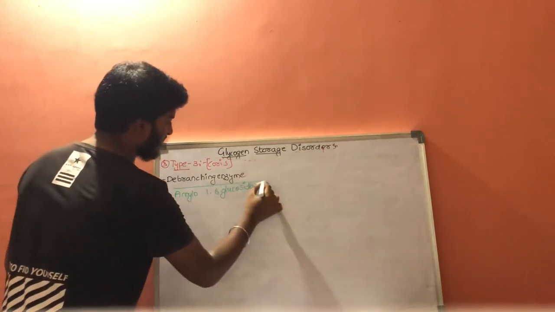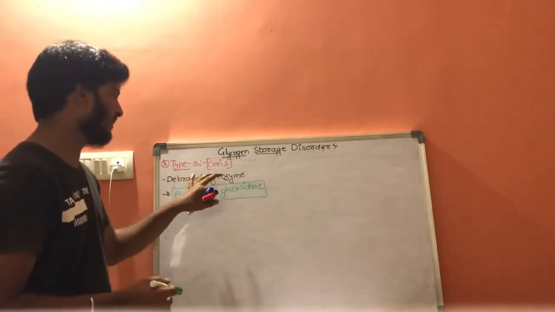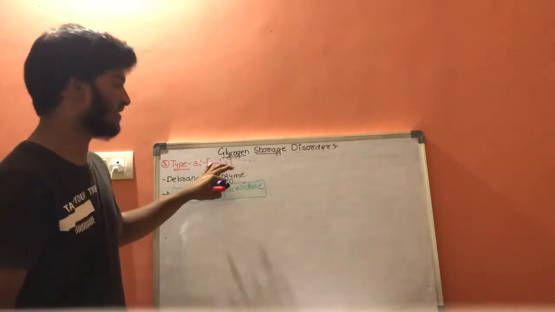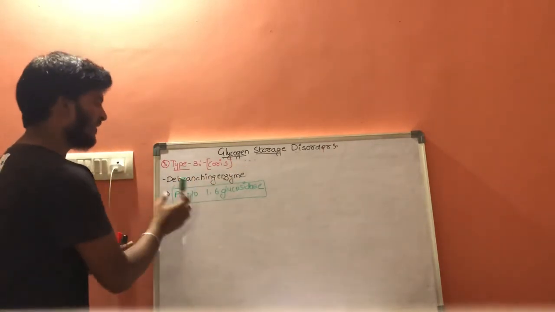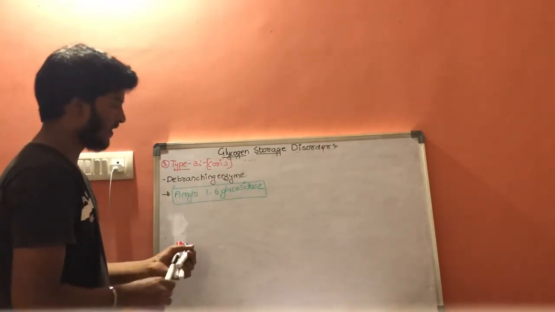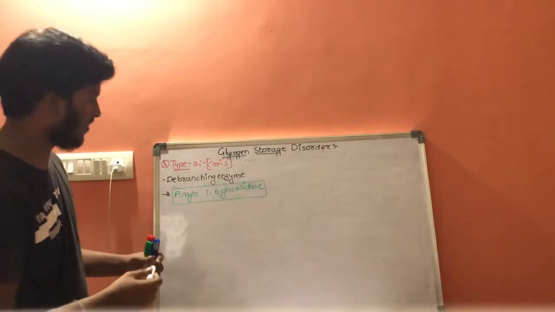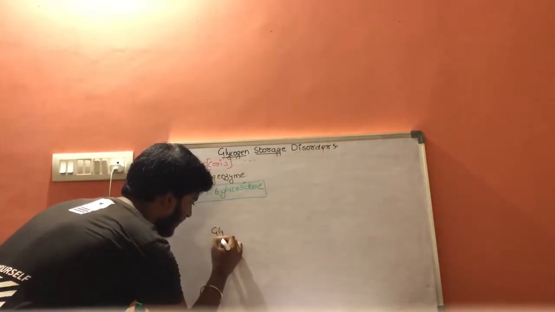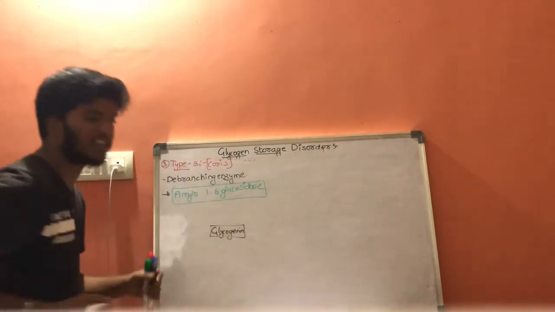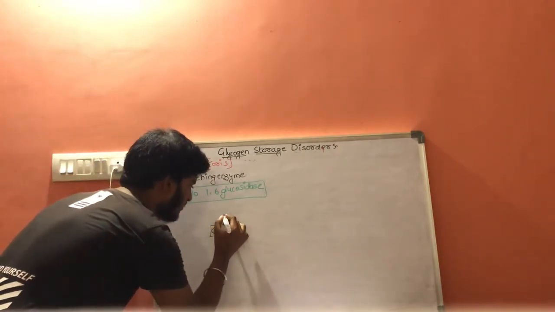Amylo-1,6 glucosidase is the enzyme responsible for the debranching of glycogen, and its deficiency results in Cori's disease. As we know, glycogen is very large. Let us consider this is glycogenin, a structural and functional protein of glycogen, and these are glucose molecules.